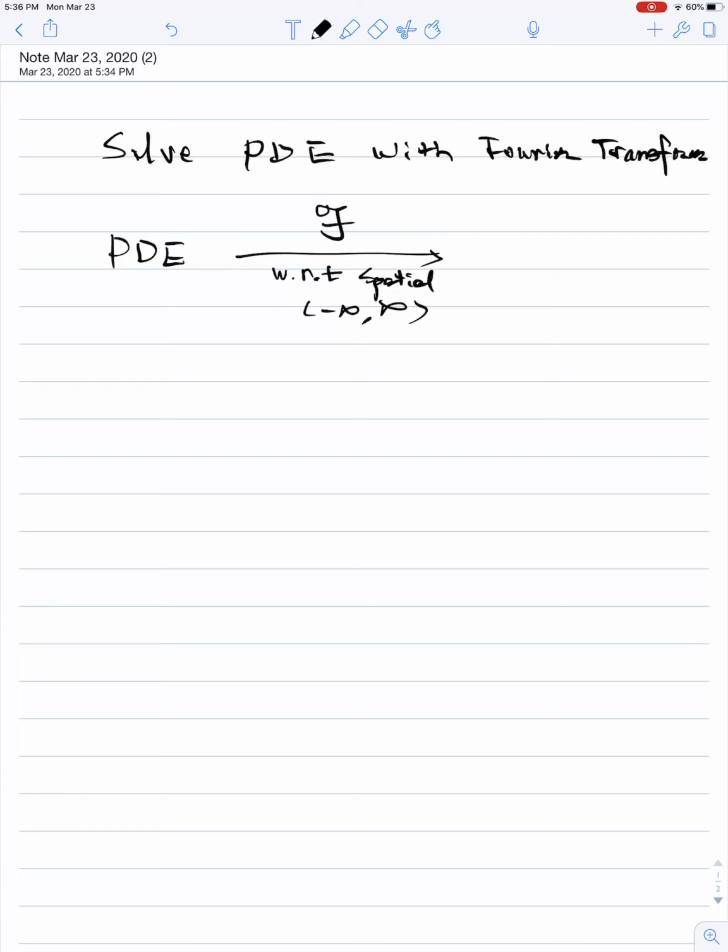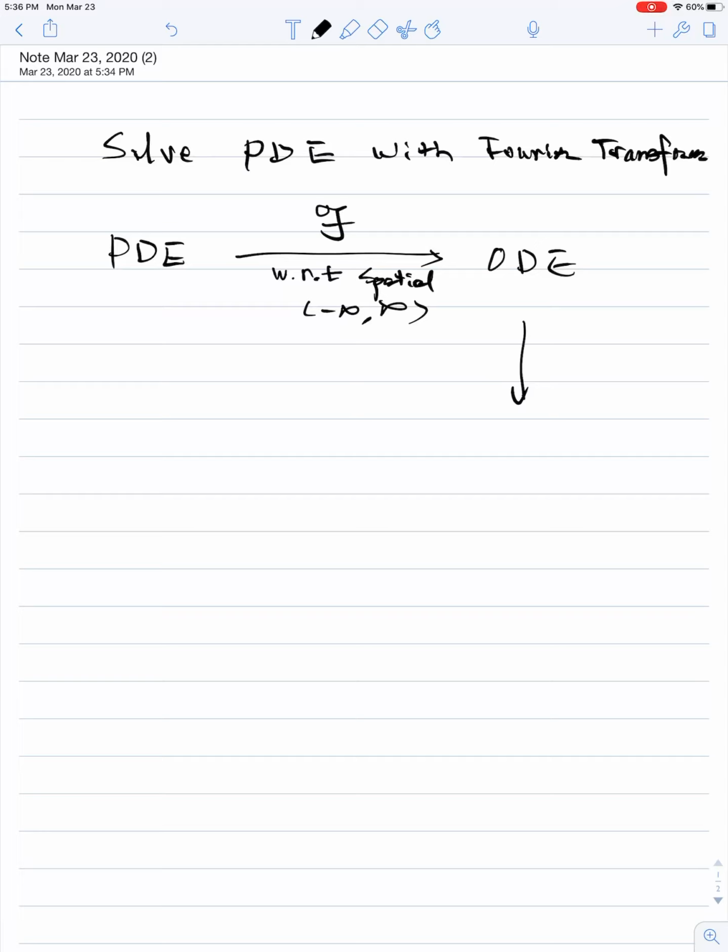Then, if you have a PDE, you would get rid of one of the derivatives with respect to one of the variables. So now you have an ODE. Then you just solve this ODE and you find a solution.